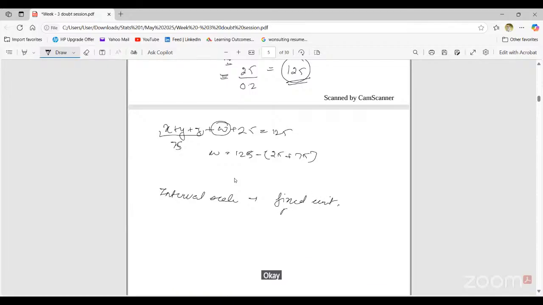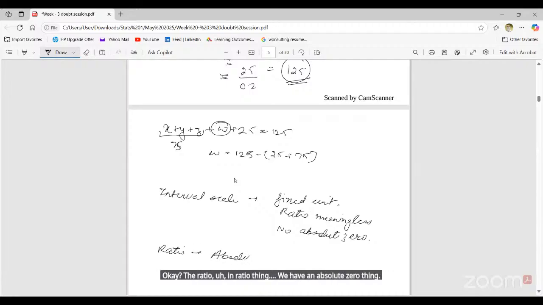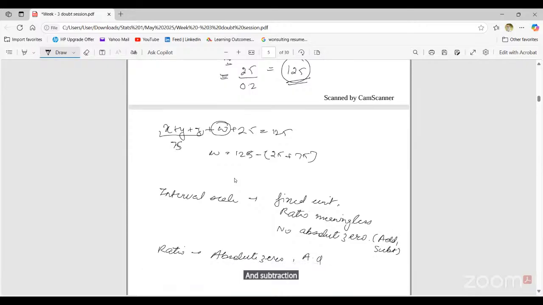Ratio is meaningless, you cannot have a ratio, and we don't have an absolute zero. In the ratio scale, we have an absolute zero, and we can do arithmetic operations as well. In interval, we can do only addition and subtraction. But in ratio, we can do everything: addition, subtraction, multiplication, and division. So that's the main difference.